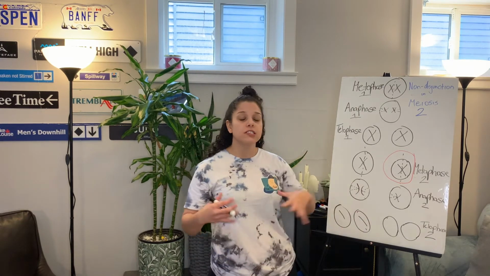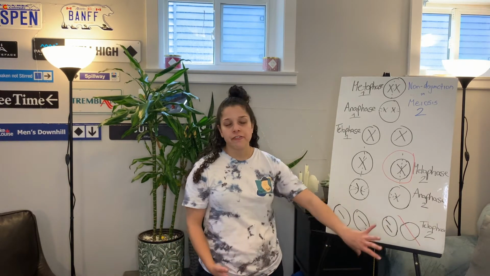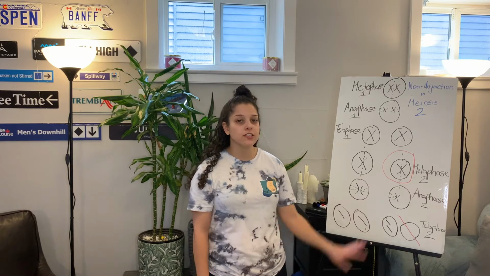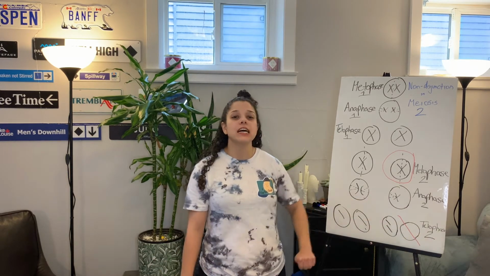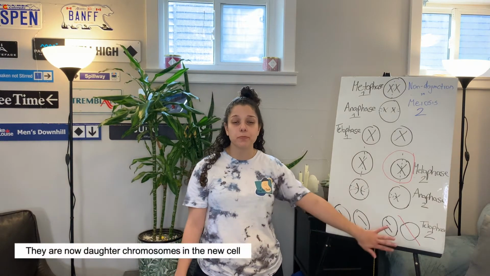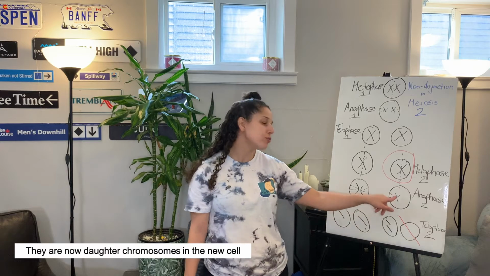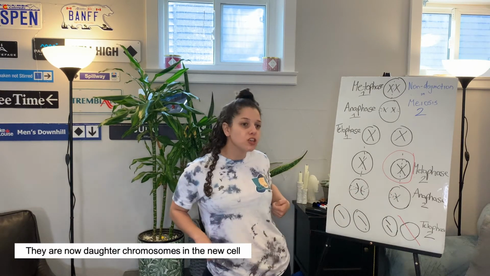And so now, what does that result in at telophase 2? Looking at telophase 2, we can see that it results in one cell that has no chromosome, and one cell that has both sets of sister chromatids. They look like separate sister chromatids, because while I showed the full X pulling apart, it's really the two individual sister chromatids that are going to be pulled apart.